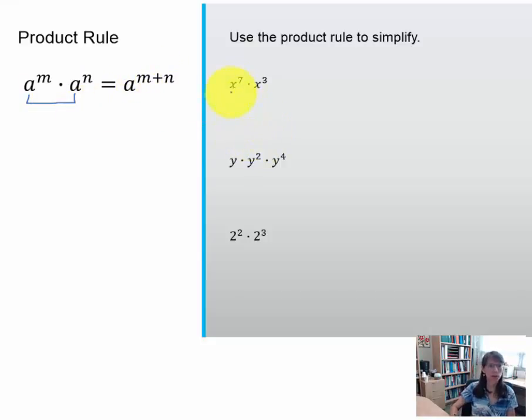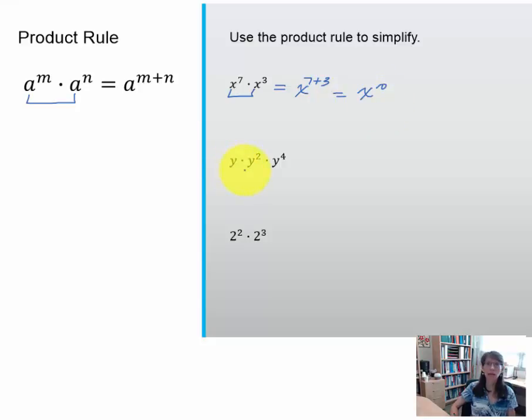So in our first example, x to the 7 times x cubed, we have like bases of x. So we just copy that base, and the rule is to add the exponents. So 7 plus 3. So this will give us x to the power of 10.